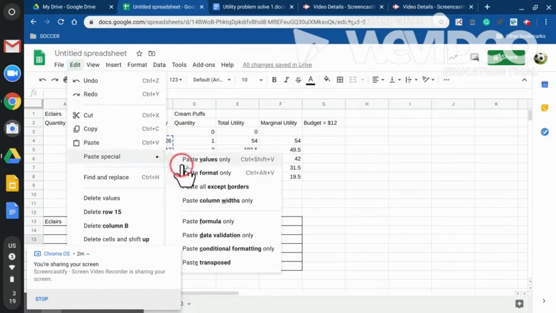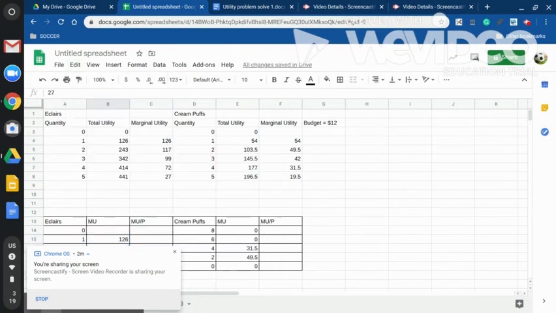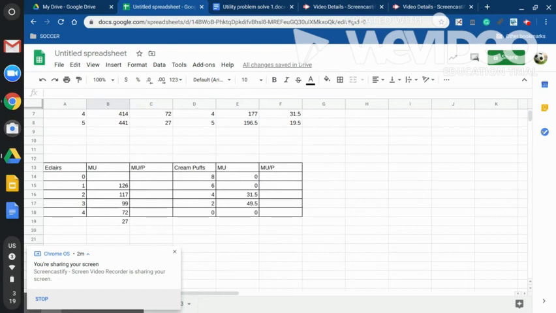And I'm just going to paste the values. Okay, so now I've got all my marginal utilities in one place.